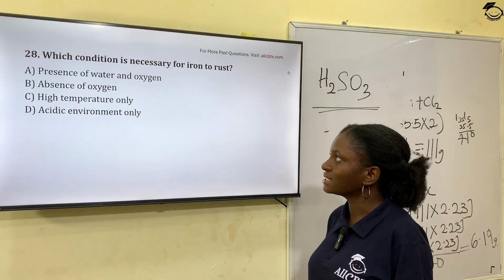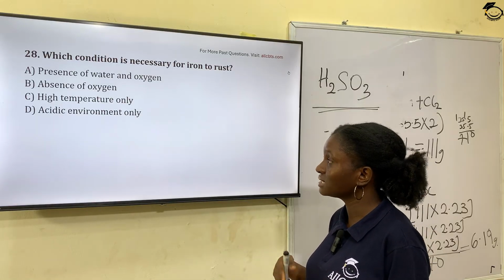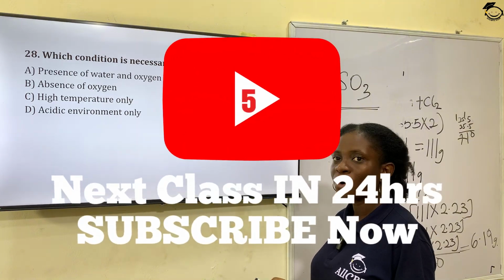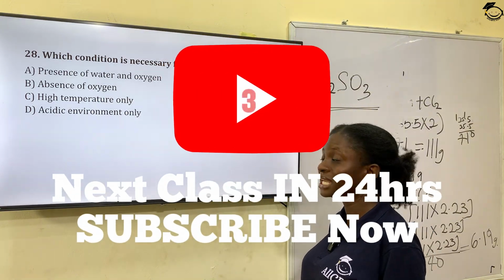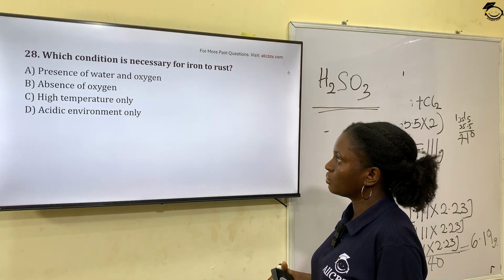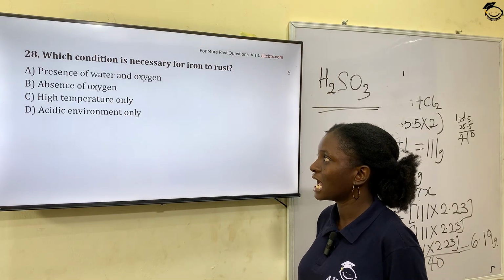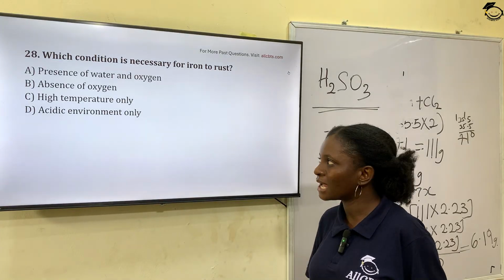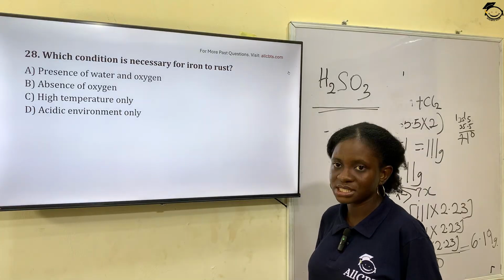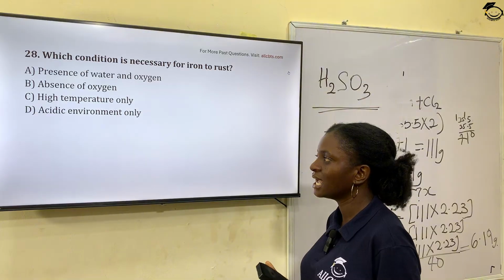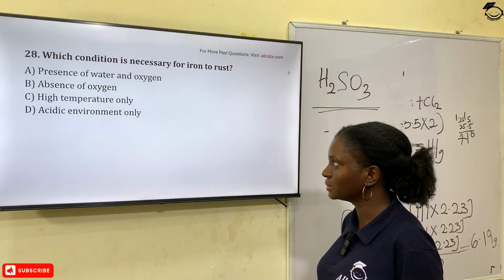Question 28. Which condition is necessary for iron to rust? What condition makes rusting to happen? Option A, presence of water and oxygen. B, absence of oxygen. C, high temperature only. D, acidic environment only.